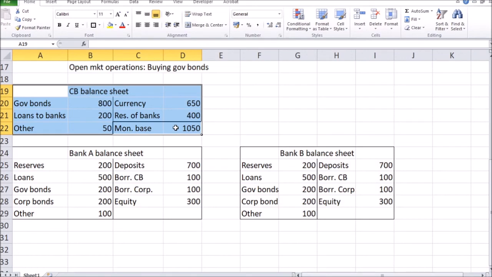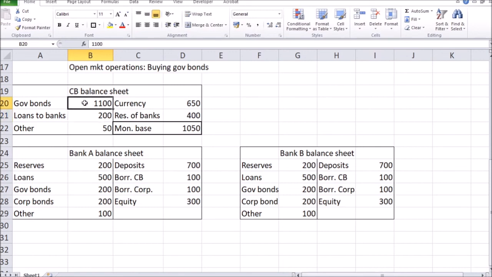As you perhaps already noticed, the balance sheet of the central bank increases. The asset side as well as the monetary base, they both grow as a result of buying government bonds, as a result of printing more money and providing more liquidity into the economy. As we had in our first example, the government bonds that the central bank holds increased from 800 to 1100 as a result of buying 300 billion worth of government bonds.